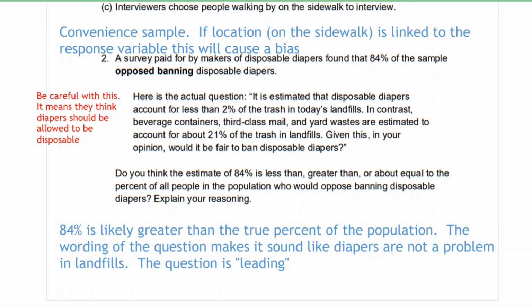Now the wording of this question makes it sound like the diapers are not really a problem in the landfills and that the true problem in landfills is something else. In this case, beverage containers, third-class mail, and yard wastes. So leading questions like this are a form of response bias.